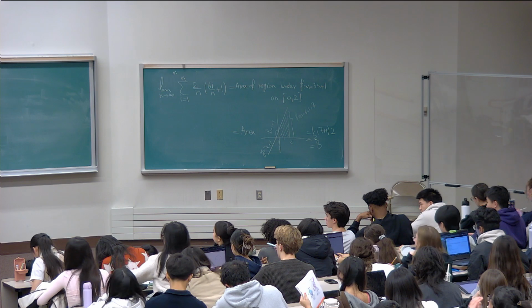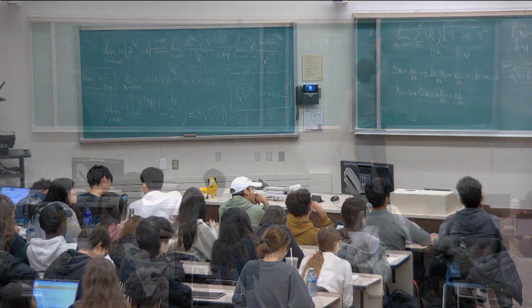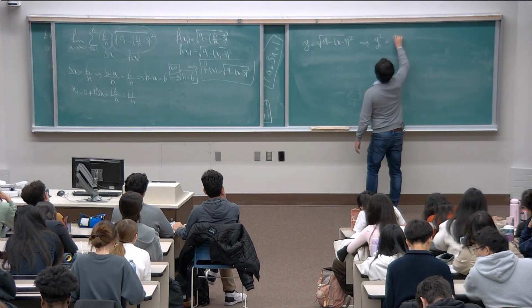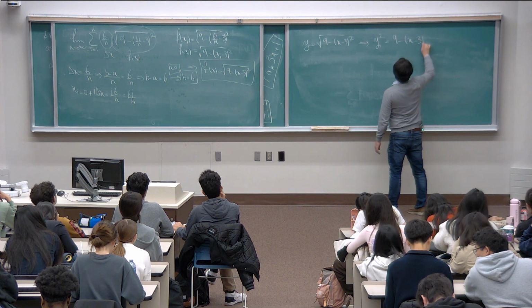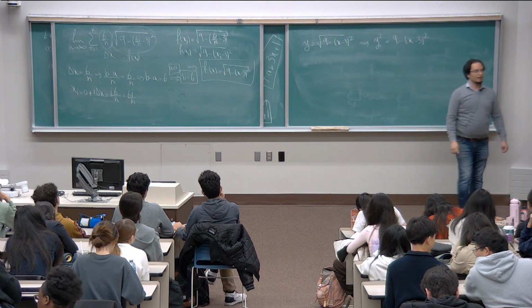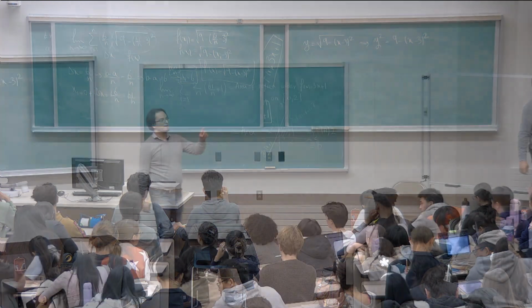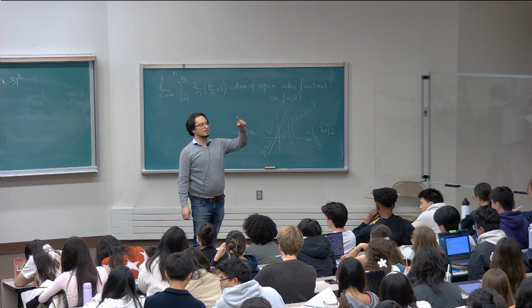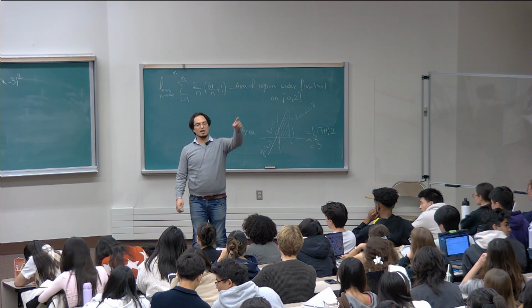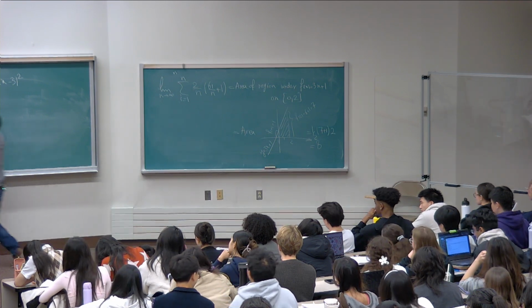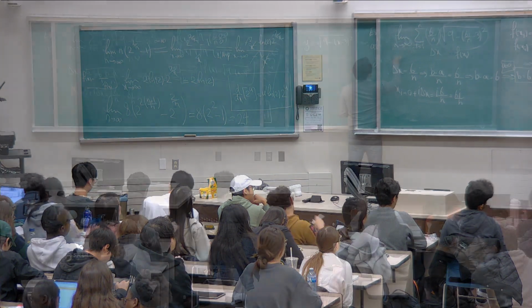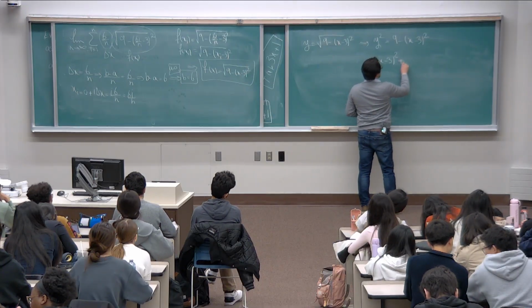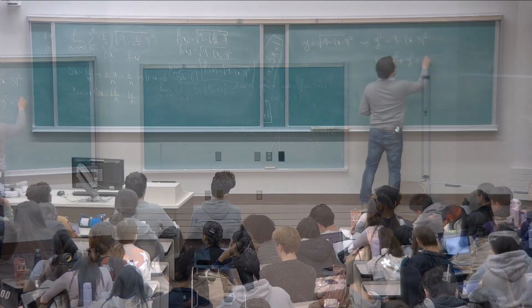Let me write this in another form. I heard something. What was it? Yeah? Circle. It is (x minus 3) squared plus y squared equals 9.